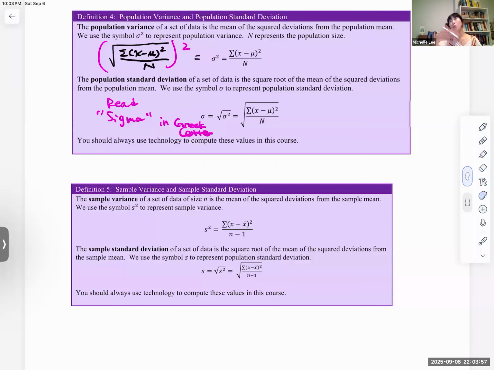And also, we don't want to underestimate or overestimate the variance and standard deviation, right? So in that case, we have an unbiased estimator.